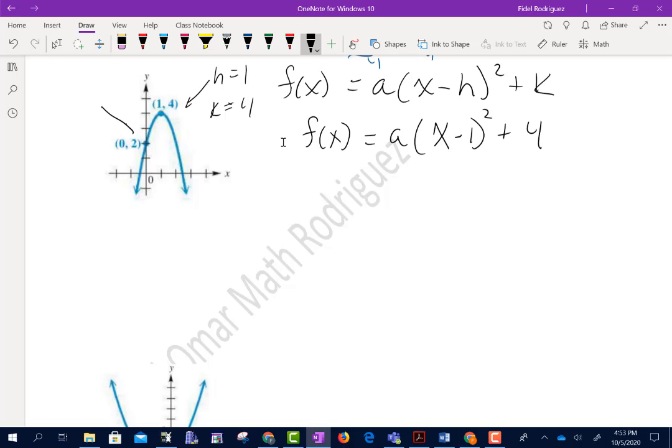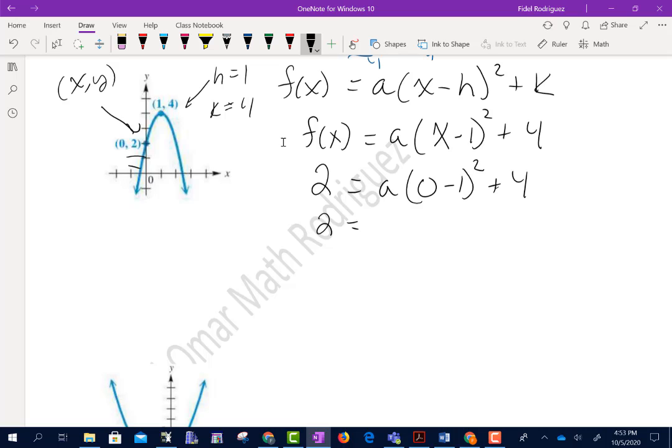Here is another point that we have on our graph, right? So my x comma y is (0, 2). So the 2 is going to go here. x is 0, minus 1 squared plus 4.